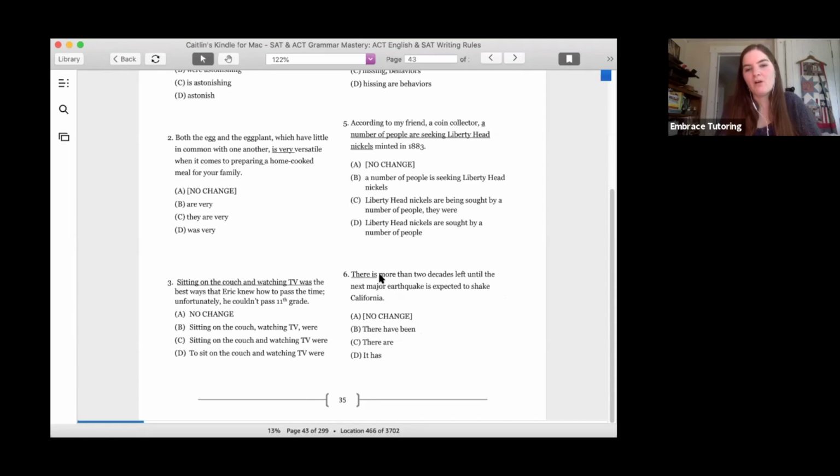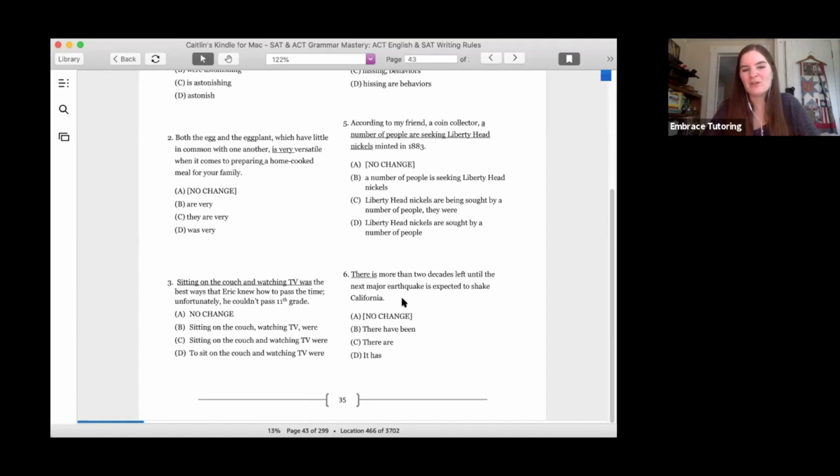But there are more than 2 decades left. So we're dealing with 2 decades. Okay, so 2 decades are left until the next major earthquake. It's a little bit tricky here because you have there acting as your subject, introducing your subject, but you can figure out that it just makes more sense.